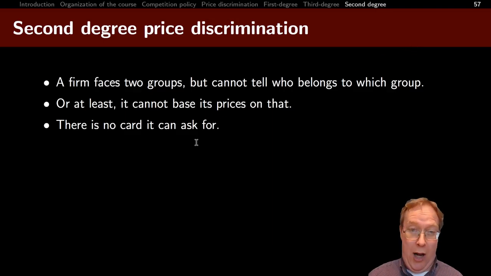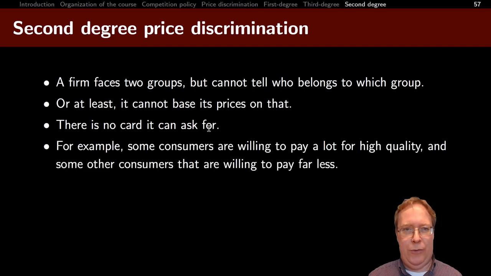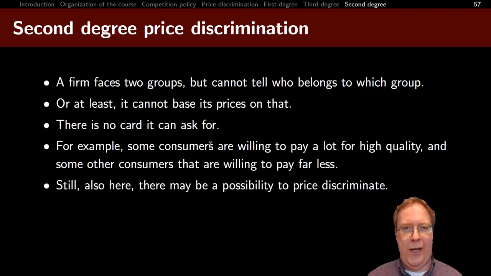There is no card it can ask for, or maybe it's simply not allowed to base its prices on whatever information it can observe. So, for example, some consumers are willing to pay a lot for high quality, and some other consumers are willing to pay far less. But also, then there may be a possibility to price discriminate.